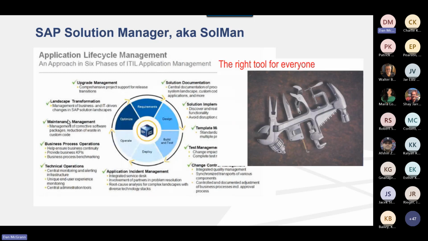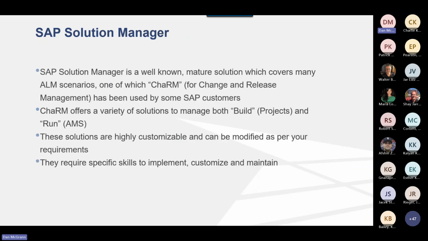One other one that I remembered from old presentations, and this one always stuck with me, was that again, there's lots of functionality in Solution Manager, but using it effectively across all those different areas is sometimes challenging. That one always came to mind for me as a visual depiction of Solution Manager.